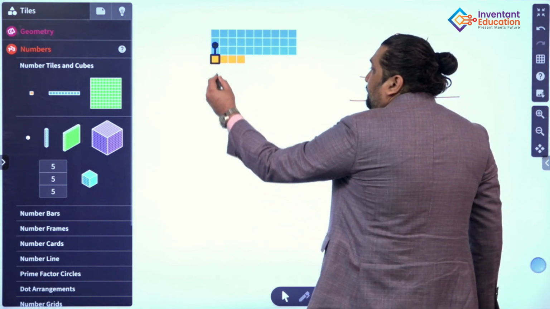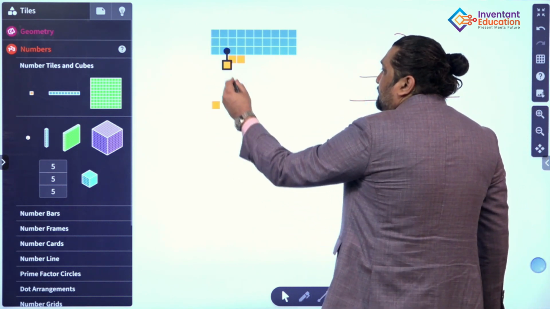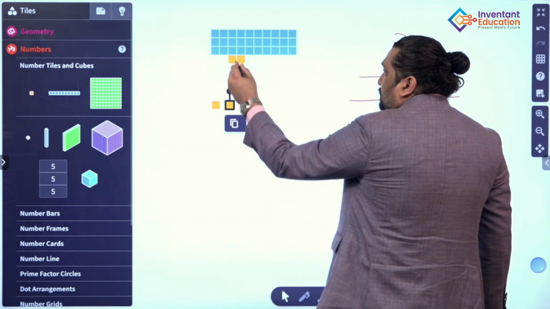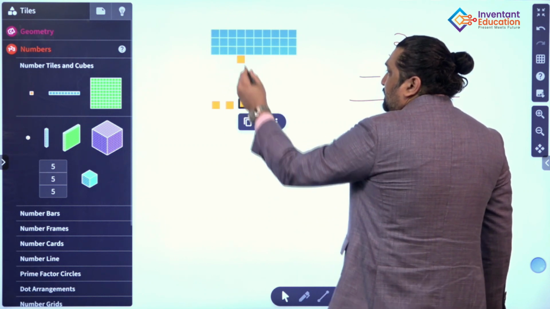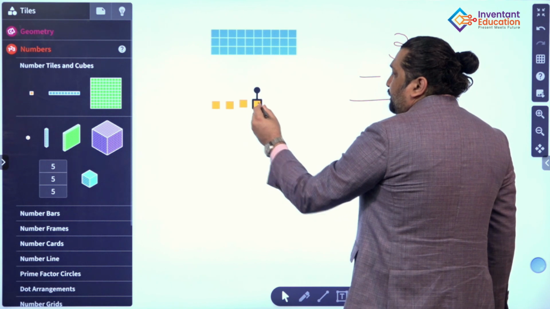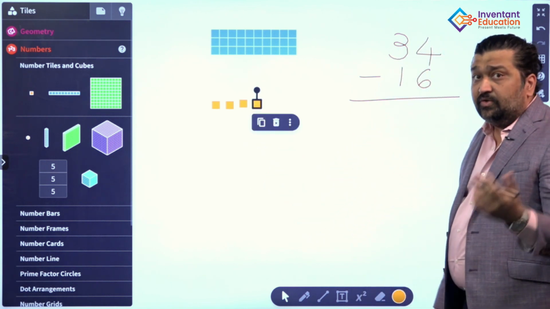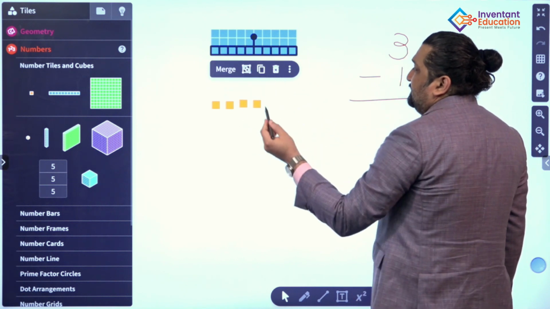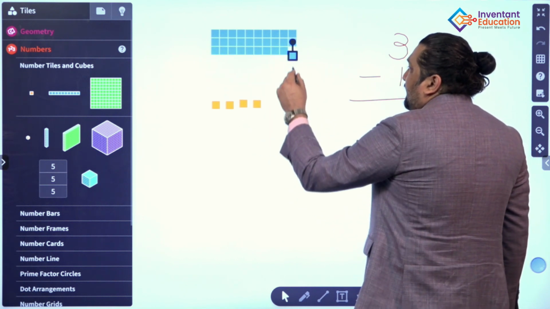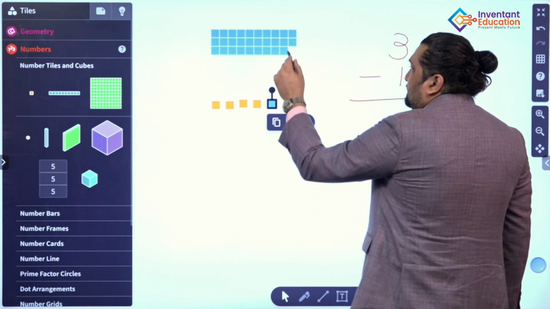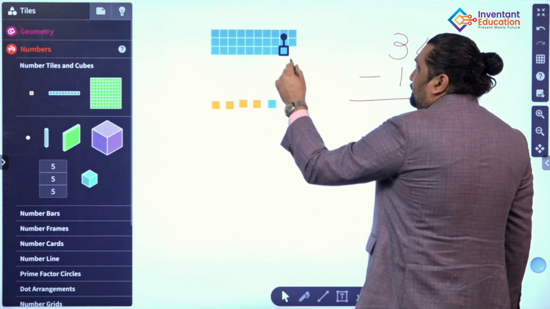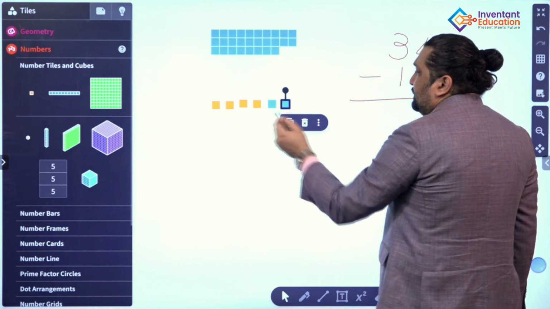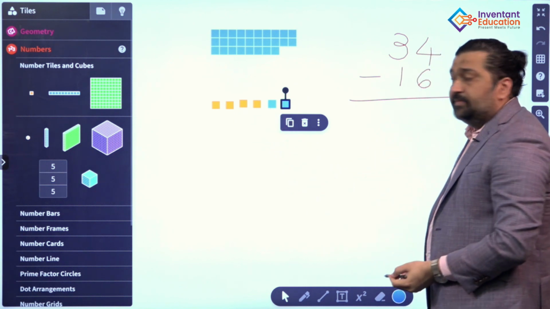Now for ones, this is my 1, 2, 3, 4. So I only have 4 ones, I need 2 more. For that, I will split this and take out 2 ones from it. So now I have 6 ones with me.